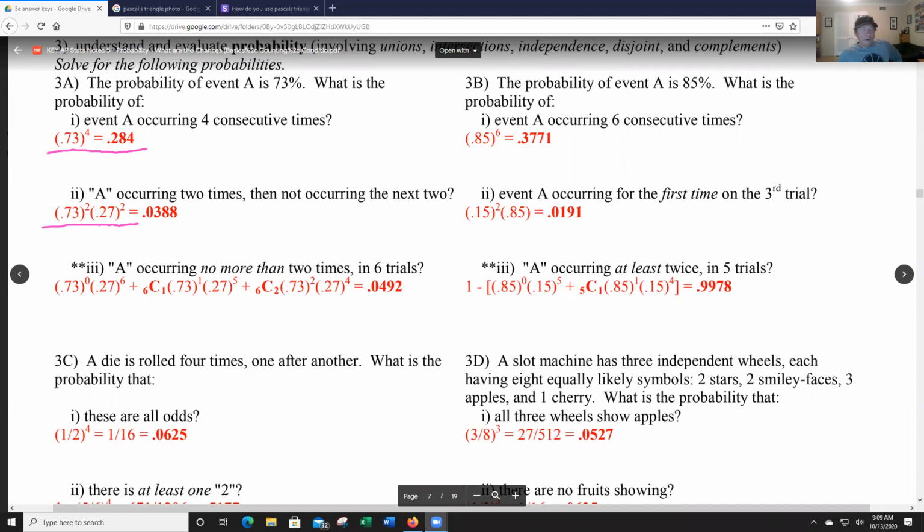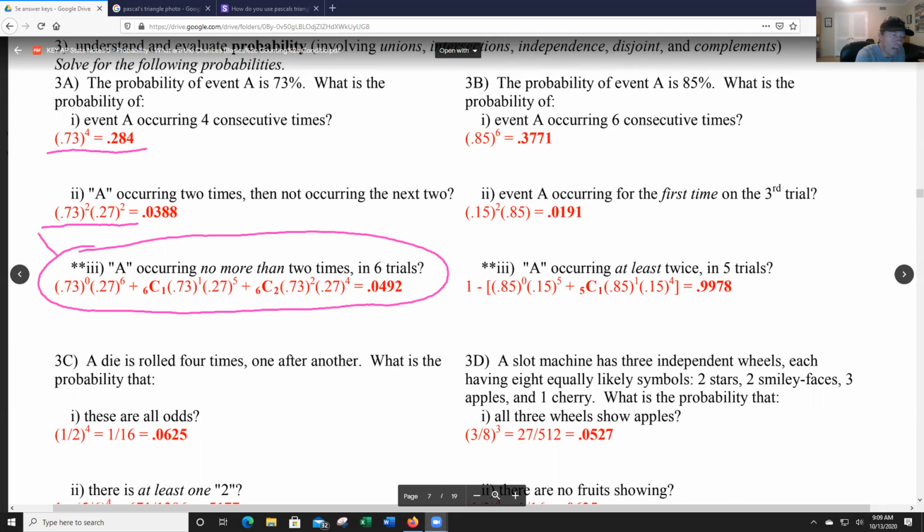Now, wow, this is a really cool problem right here. I'm going to sit here for a little bit. This one's got stars on it because it's way too hard for this particular chapter. This will actually show up in chapter 6 a little more commonly.